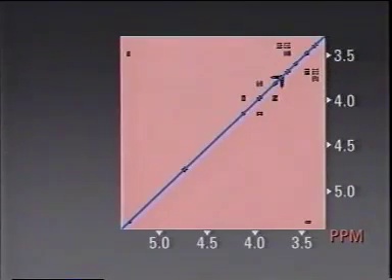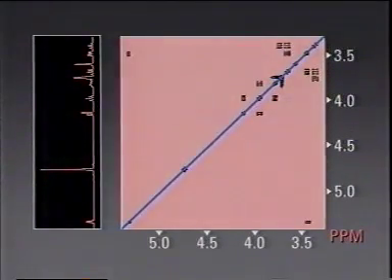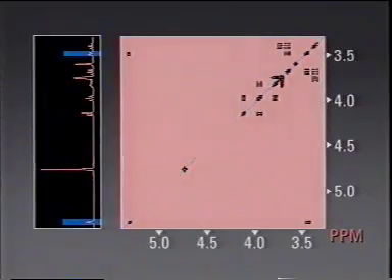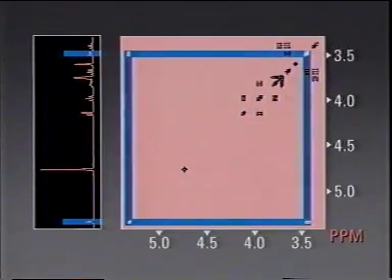To help you see this more clearly, we've also reproduced it in the familiar form here at the side of the plot. Now, which of these resonances are coupled to which? Note that there are signals off this diagonal that are symmetrically disposed about it. If two of these form the corners of a square when taken with two signals on the diagonal, then those two signals must be coupled.